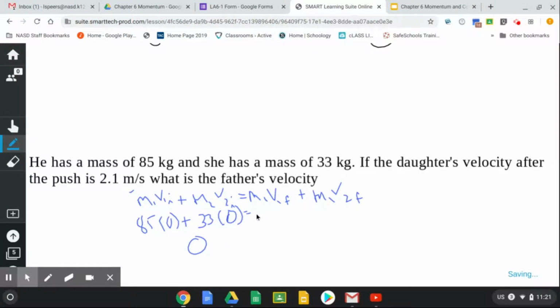So over on this side, 85 v1f plus 33 times 2.1.